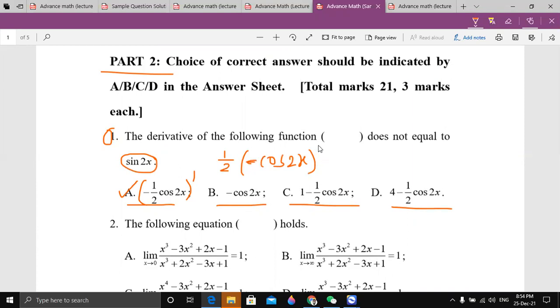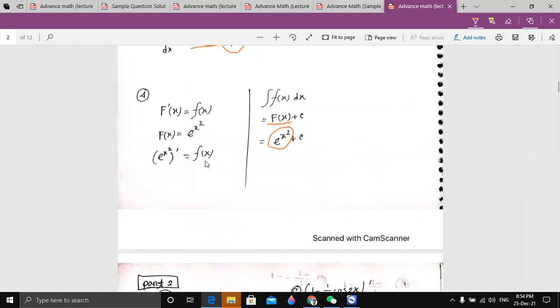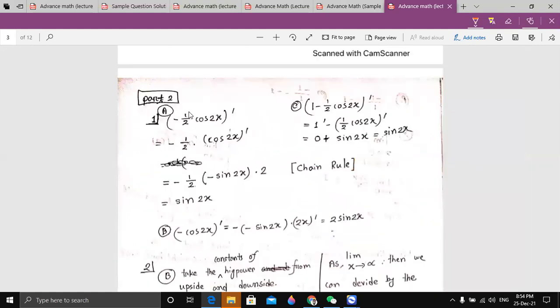Now if we find the derivative of minus cos 2x, we can also take this minus out. Let's see here. So firstly we take minus half out of this cos 2x, and then the derivative of cos 2x. This is like a composite function. Okay, because we know the derivative of cos x is minus sin x, but here we have cos 2x.